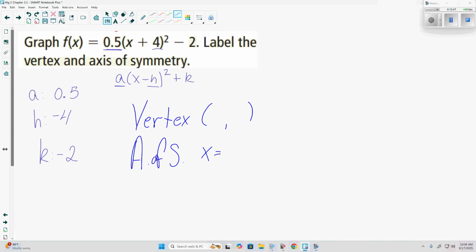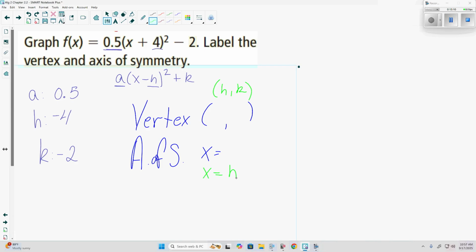Now the 2 pieces of information we need are the vertex and the axis of symmetry. 2 things that we want to find, vertex and axis of symmetry. Vertex, general point is h comma k, and the axis of symmetry is the line x is equal to h.